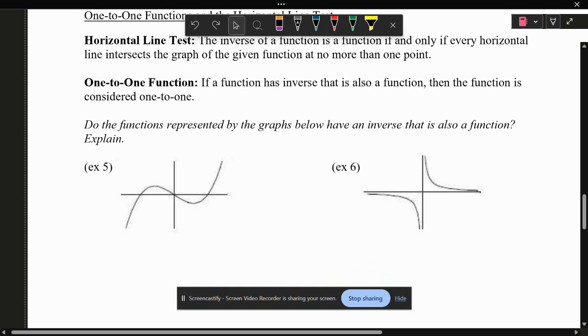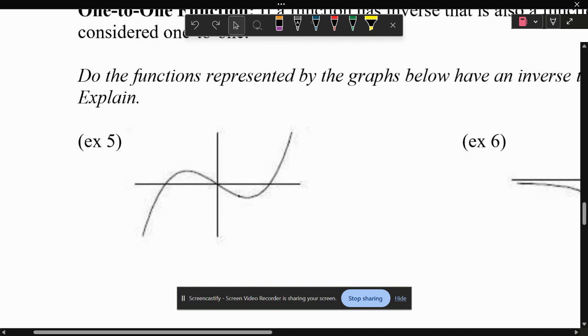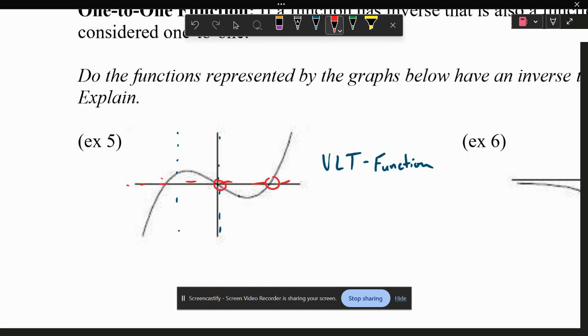So if you take a look at example number 5, if I do the vertical line test, the VLT states that it's a function. If I do the HLT, the horizontal line test, it hits more than one.